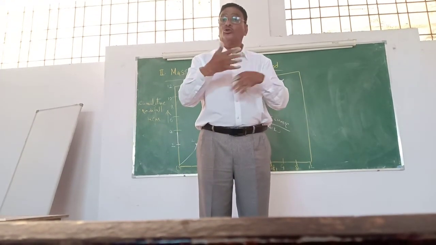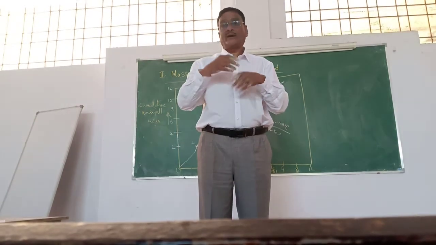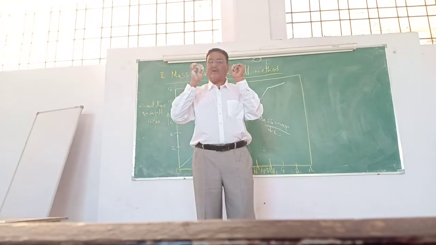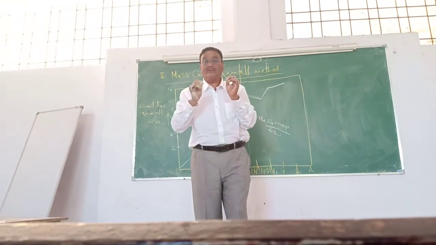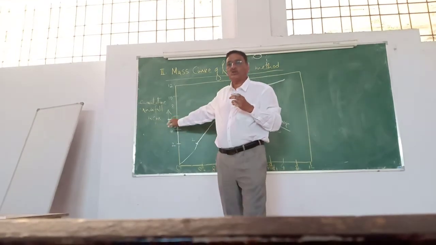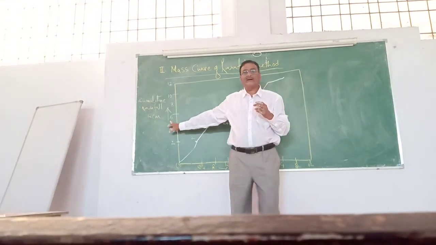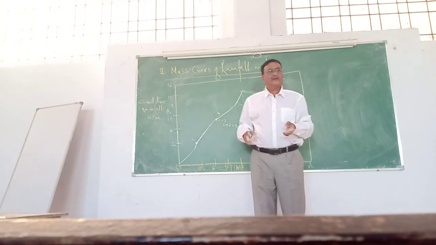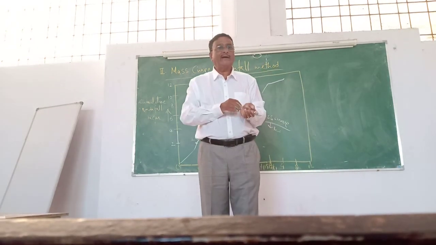I am going to show you there are some methods to correct that rainfall. But now, if you ask anybody what is the mass curve? Mass curve represents the graphical representation of the actual rainfall or the cumulative rainfall in centimeter versus the time in hours. Okay.